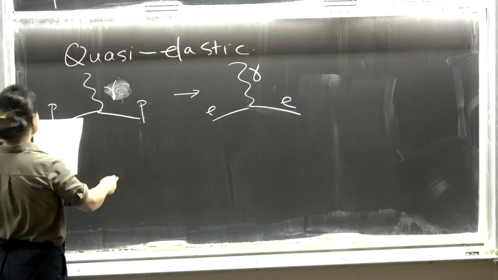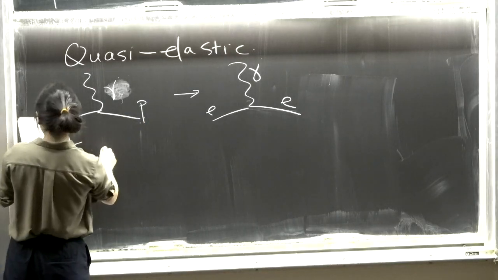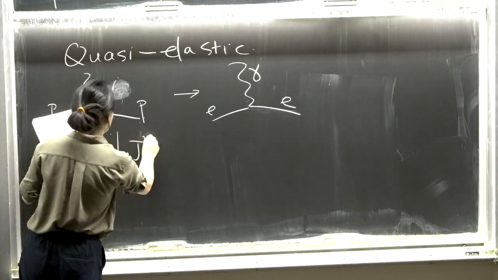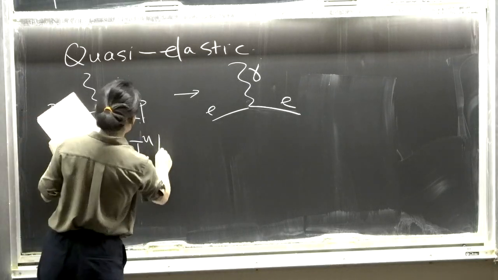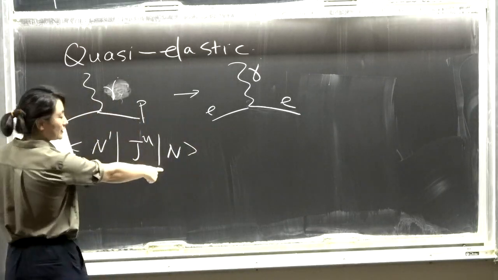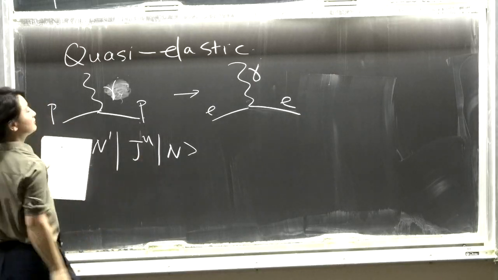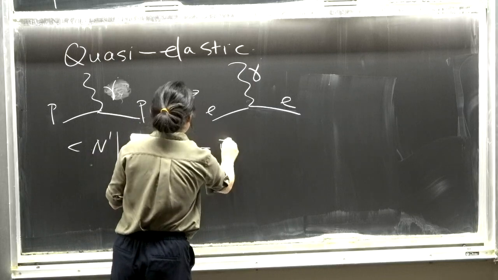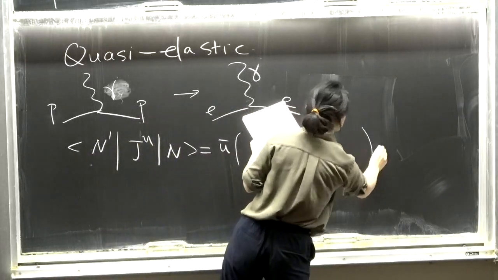So the way to compute this is, I have a spinor coming in, and a spinor going out, with a current, right? It's going to look something like u-bar something u.